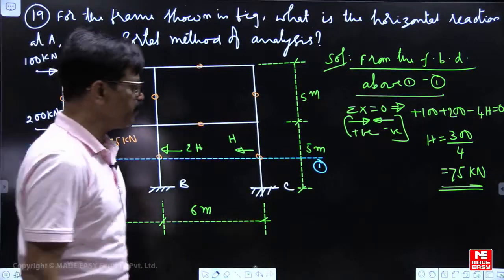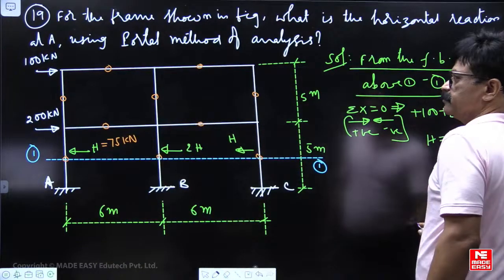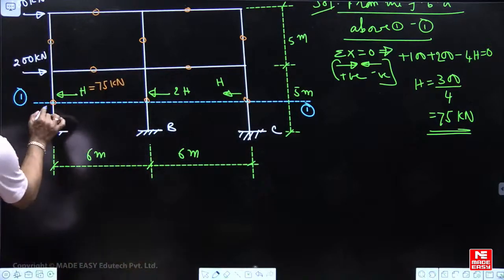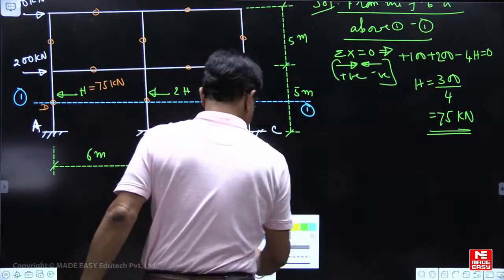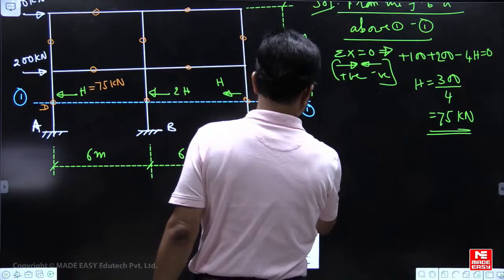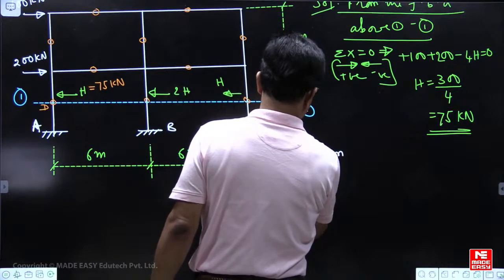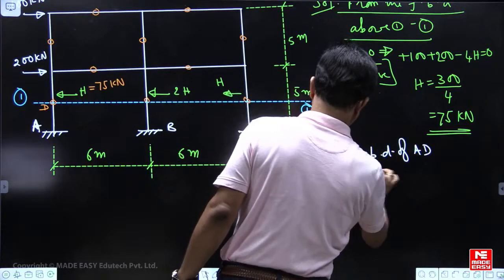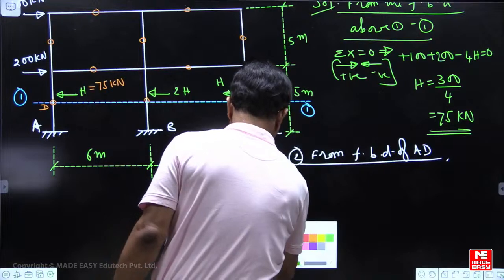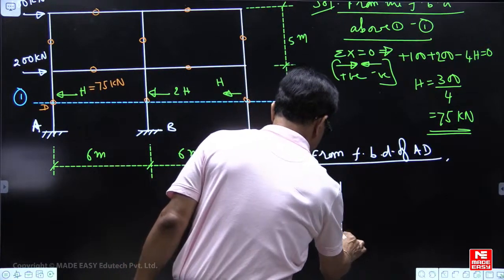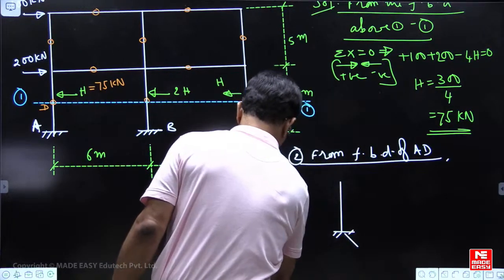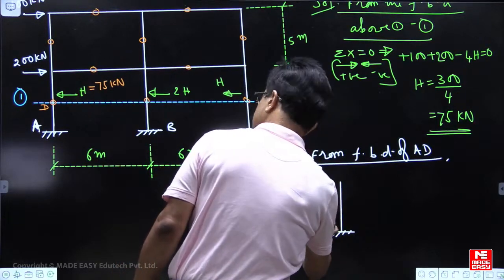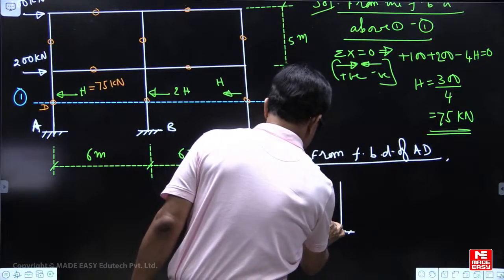If I take below free body diagram, free body diagram A, B, C you have taken, say this point we call it as a D. From the free body diagram of AD, for 2.5 meters it is.